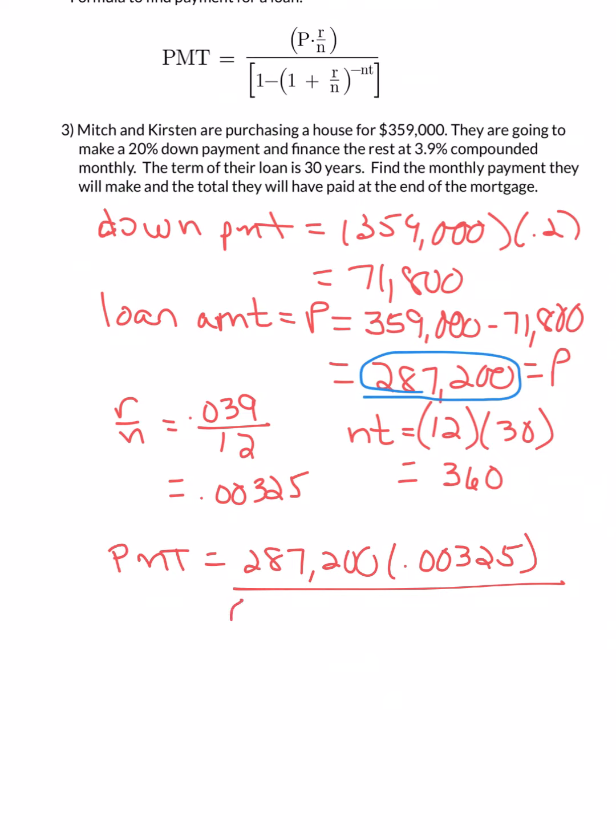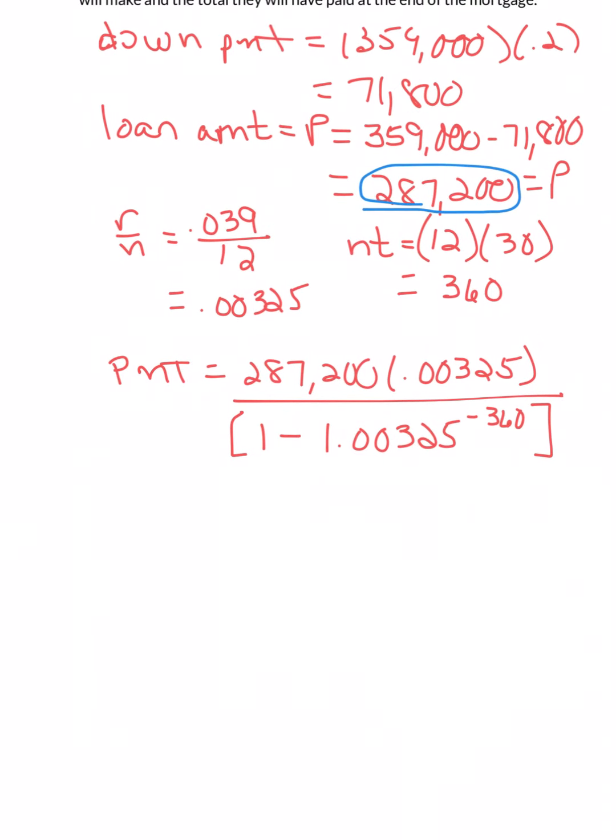In our denominator, we're going to have 1 minus 1 plus R over N gives us 1.00325. NT is negative 360. Close your brackets. Put that all into your calculator and you will get $1,354.63. That's how much it takes just to pay back what you borrowed from the bank to buy this house.